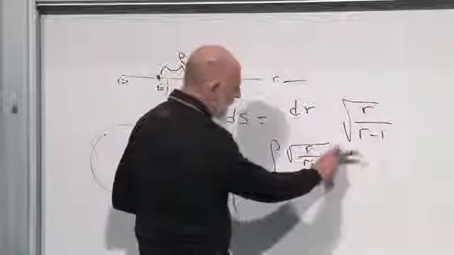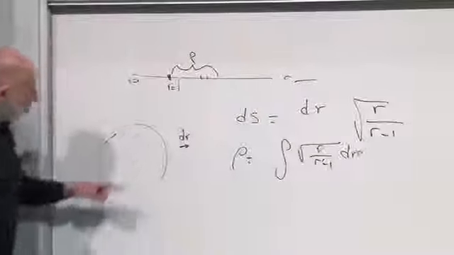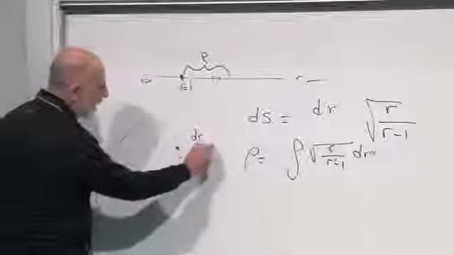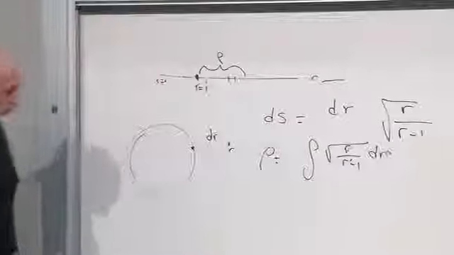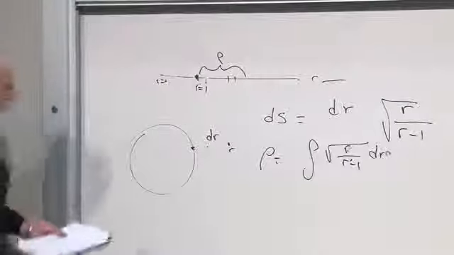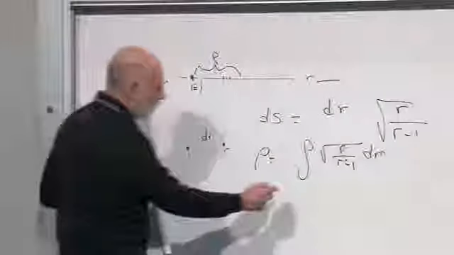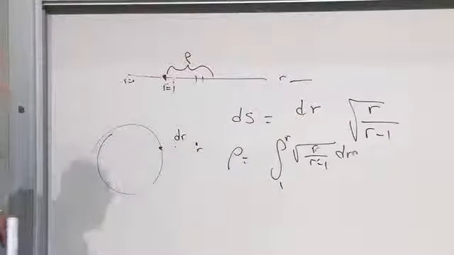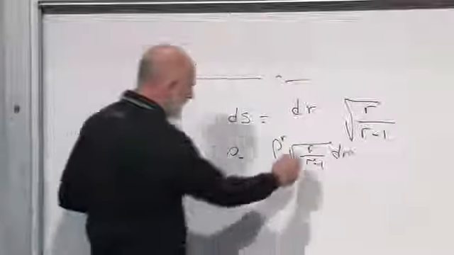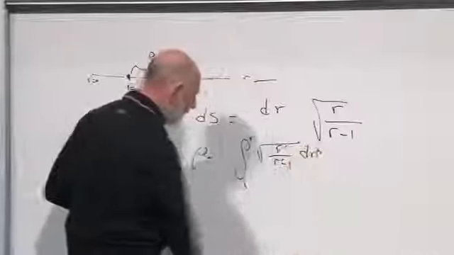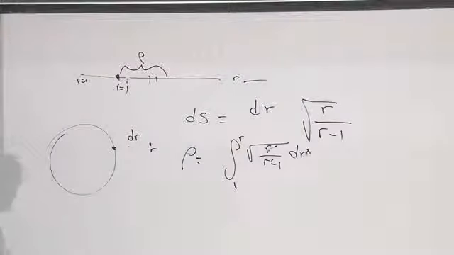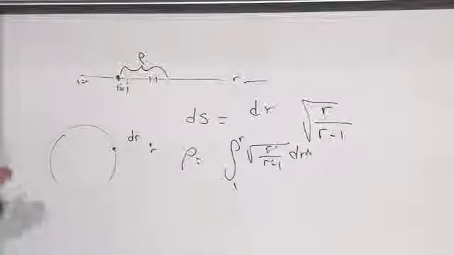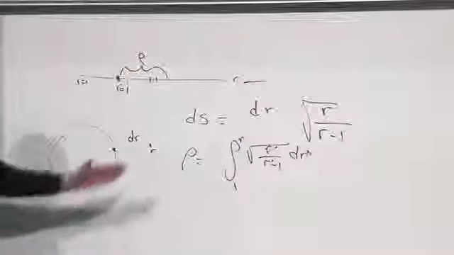What are the limits of integration if I want to calculate the distance from the horizon to some particular point at coordinate r? I integrate from the horizon, which is 1, to the point r. I better call this prime if I don't want to abuse mathematical terminology, so I'll call this an integral over dr prime. This is some function of r.